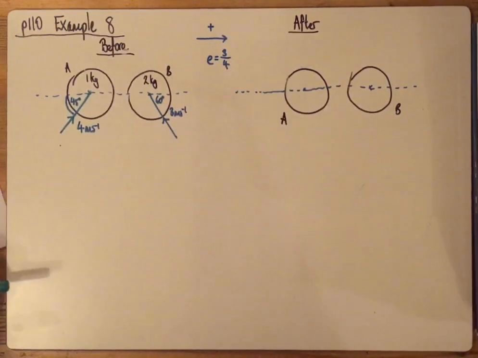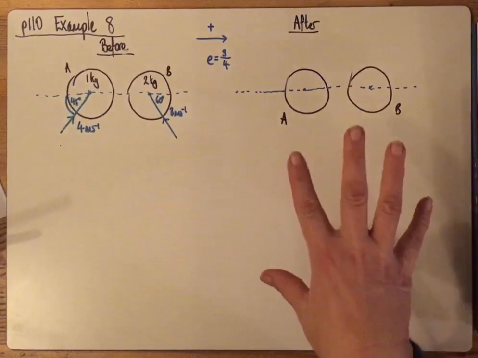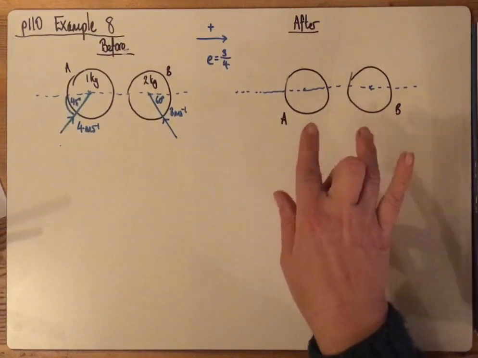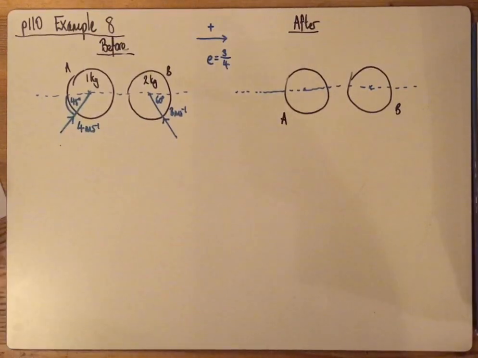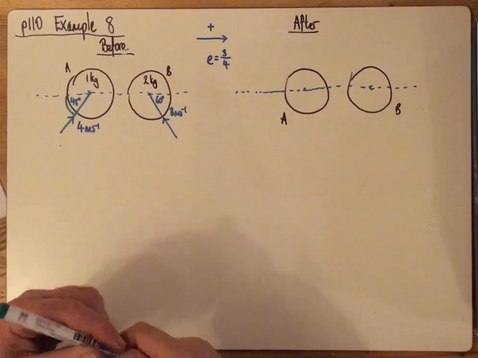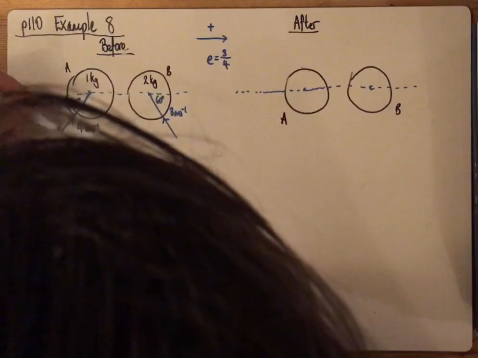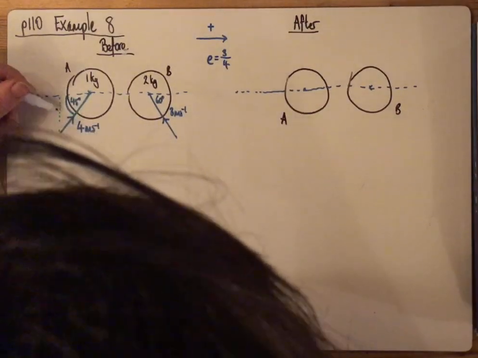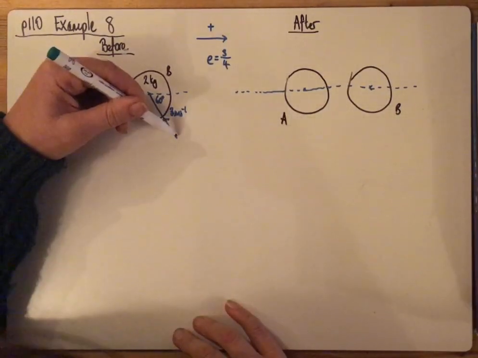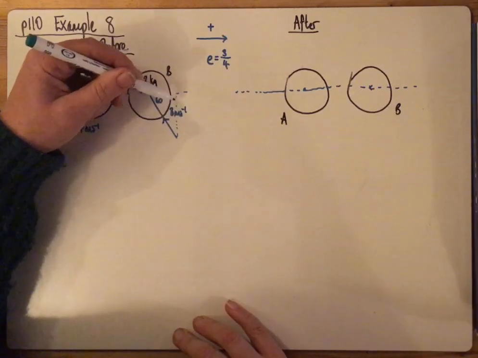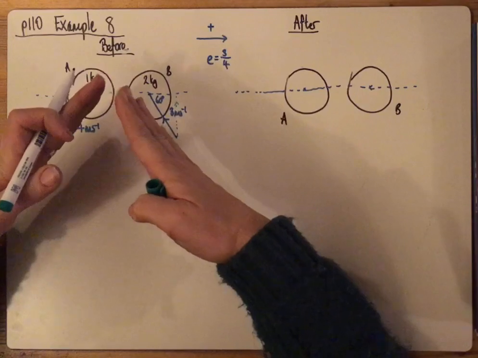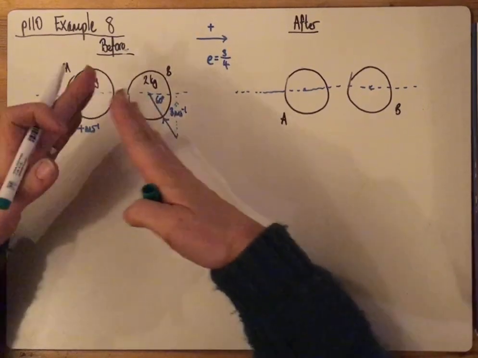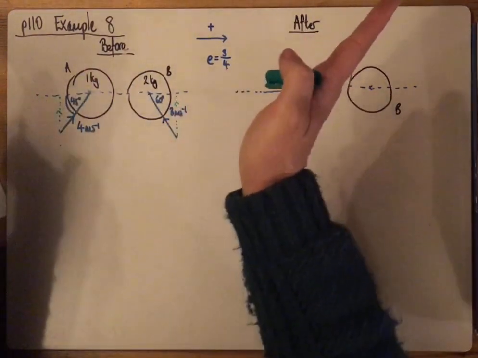the impact. So you need to really think about what directions A and B are going to be moving in after the impact. So anything perpendicular to the line of centres remains unchanged. So they're both going to have this vertical motion going upwards. They're coming in together, and so we tend to model these as afterwards coming apart.